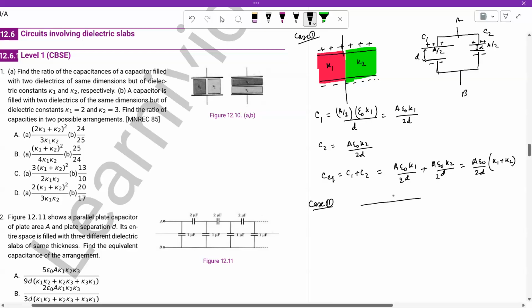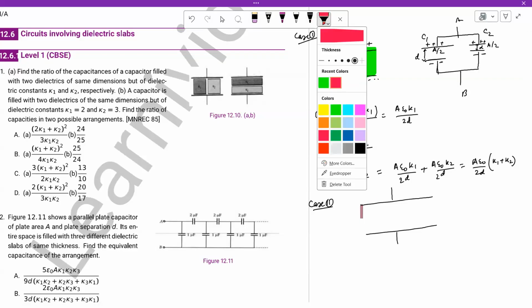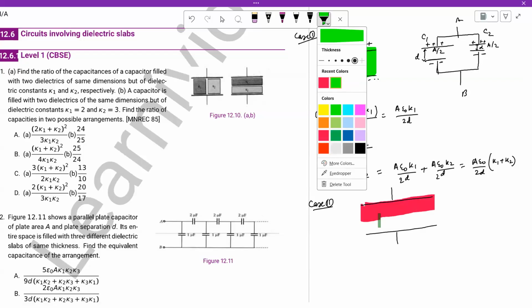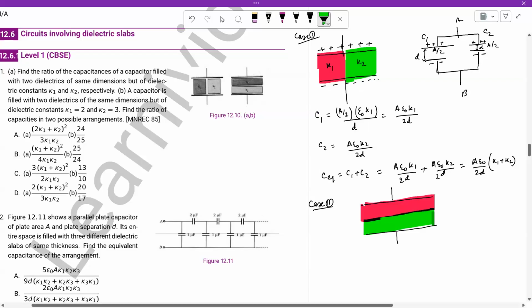So you have a connection like this one. Let's say this is positive, this is negative, this is positive, and this is negative, right?